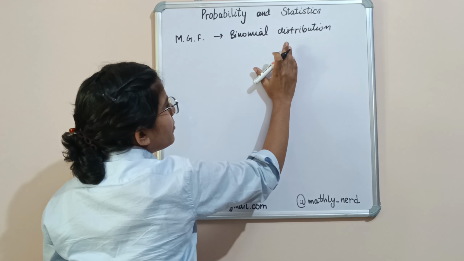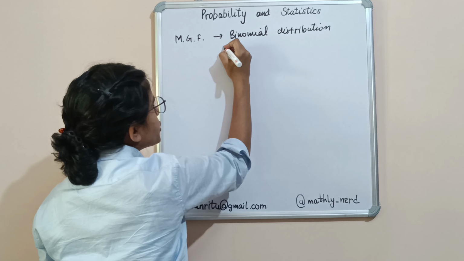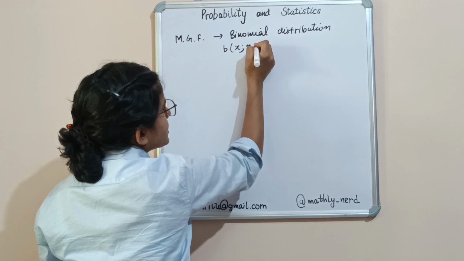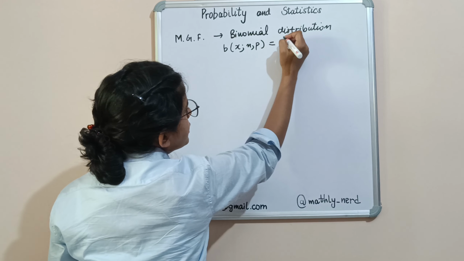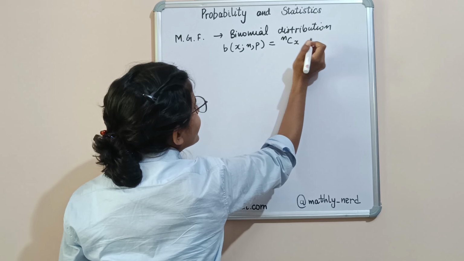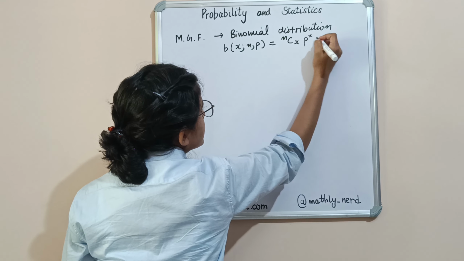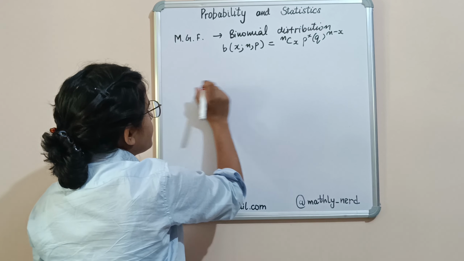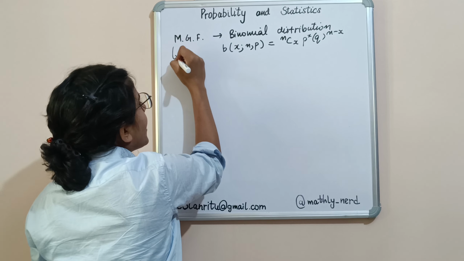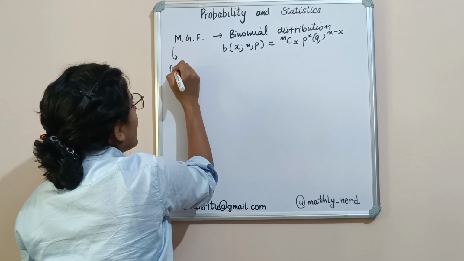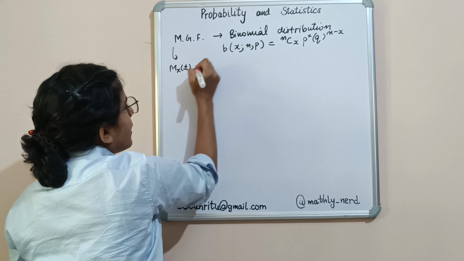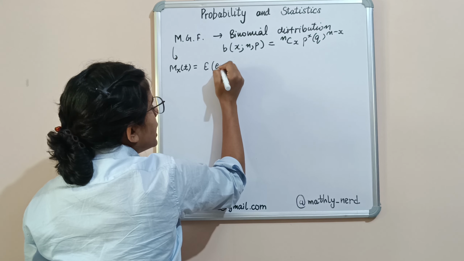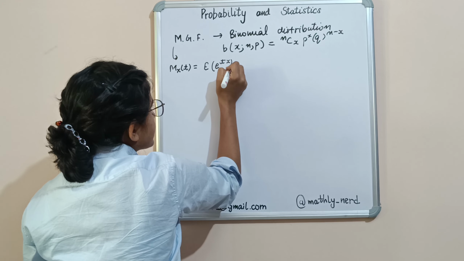As we know, the probability function for the binomial distribution, b(x; n, p), equals nCx p raised to power x and q raised to power n minus x. And we know the M.G.F. is denoted by M_X(t), and this equals E, the expectation of e raised to power tX.